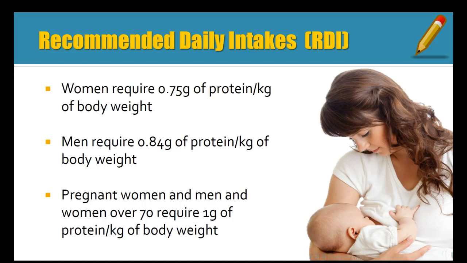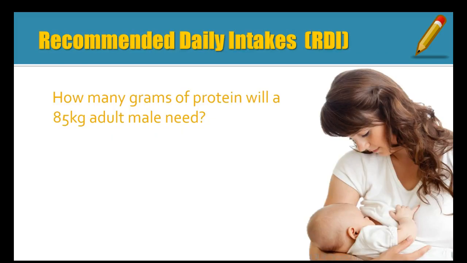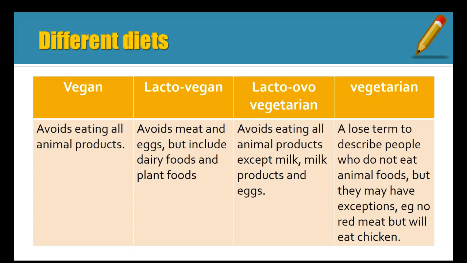And men and women that are over 70 require higher, 1 gram of protein per kilogram of body weight, because they are of an older age and require that muscle more so. So if we were to work that out, how many grams of protein will an 85 kilogram male need? 0.84 grams per kilogram, times 85 kilograms, equals 71.4 grams of protein.